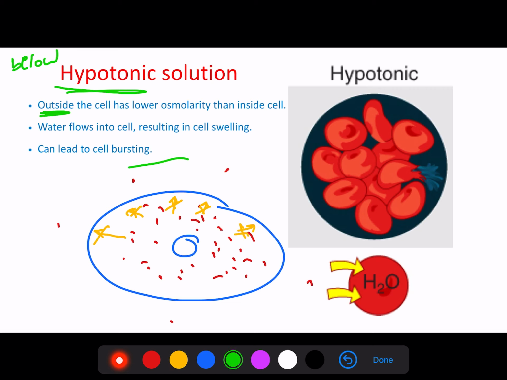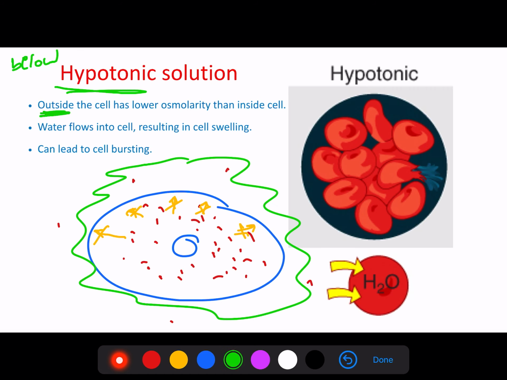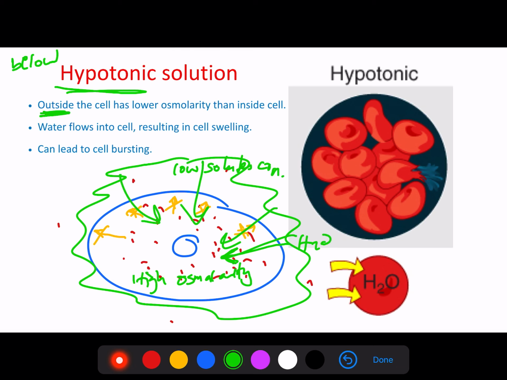But outside we have water, and water goes to the area of high solute concentration. This is the area of low solute concentration, or low osmolarity, and this is the area of high osmolarity. So the water will try to get inside the cell, and it will keep going inside. The cell will start to swell and eventually can burst, as you can see here. That's in a hypotonic solution.